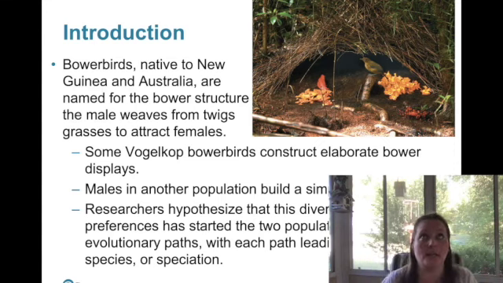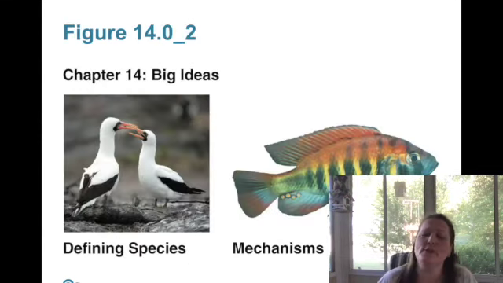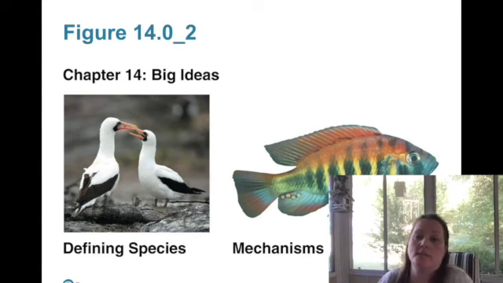So at the end of the chapter 13 lecture, we were talking about sexual selection and stuff like that. This jumps into there. So we're going to talk more about what makes them branch off into two different things. So big ideas, defining species and mechanisms of speciation.